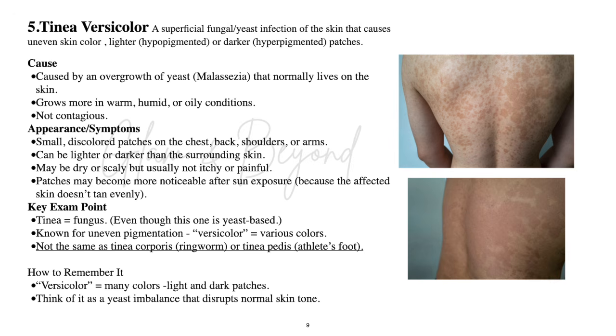Its appearance, symptoms: small discolored patches on the chest, back, shoulders, or arms, can be lighter or darker than the surrounding skin, may be dry or scaly, but usually not itchy or painful. Patches may become more noticeable after sun exposure because the affected skin doesn't tan evenly.